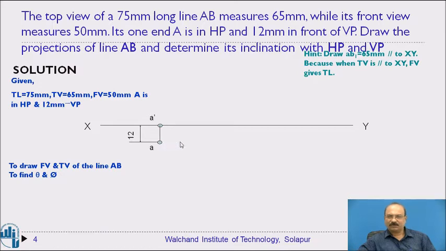Any line which is parallel to the XY line will be obtained as a true length in the front view. So now you draw this line with a length of 65 millimeter. From this point you take 65 millimeter and locate this point as P1. This is a length of 65 millimeter.